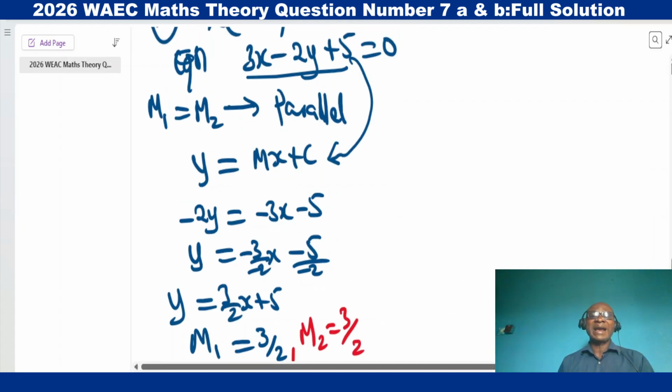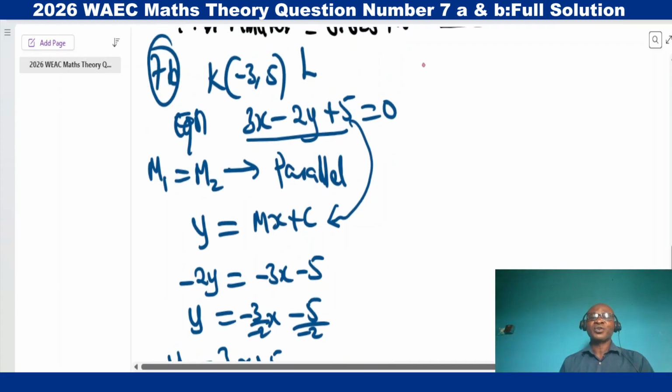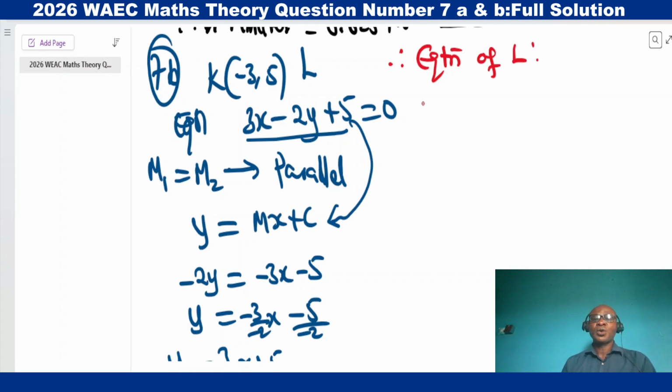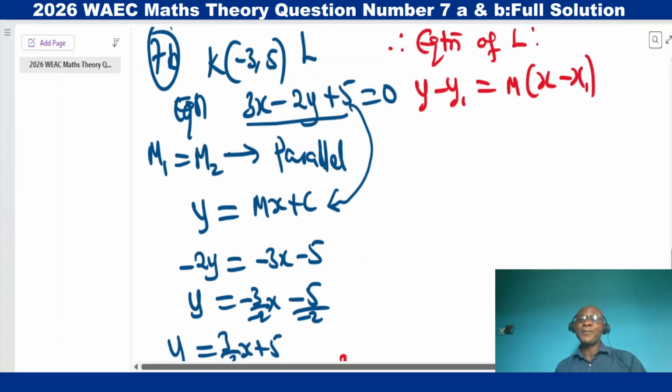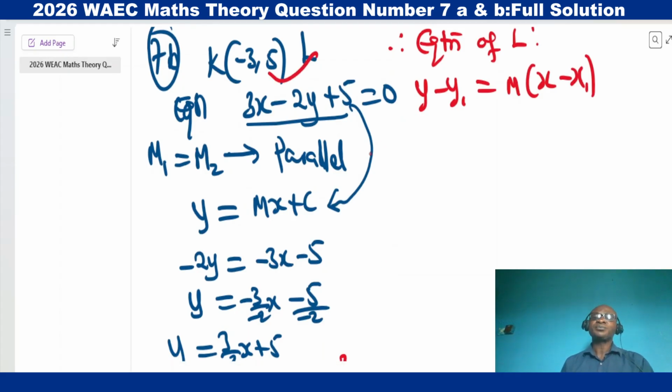Now I can define the equation of L. The equation of L will be y minus y1 is equal to m into x minus x1. This is the formula to form an equation when one point is given and the gradient is known. The point given to me is -3, 5.